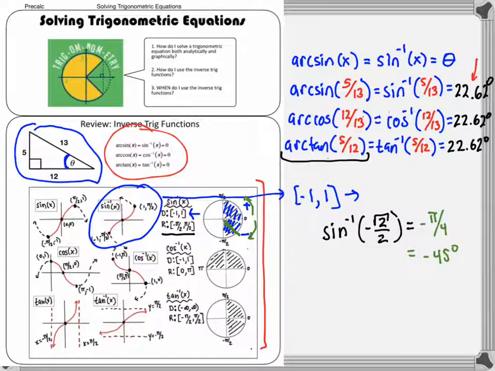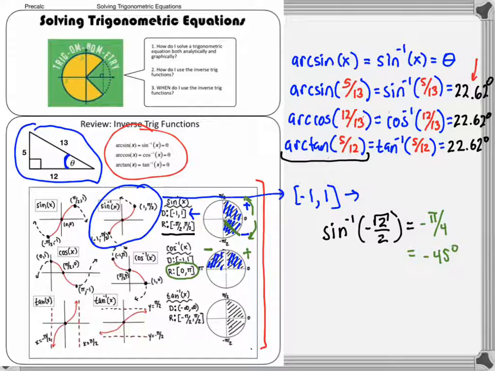Okay, now cosine does the same thing: we can pick any ratio from -1 to +1, because that is the range of the regular cosine function, and it's going to kick out an angle from 0 to 180 degrees, or 0 to pi, simply because this is positive and this is going to be negative.